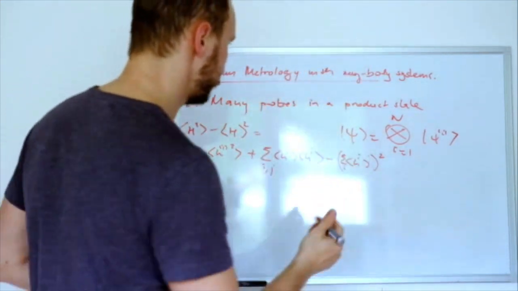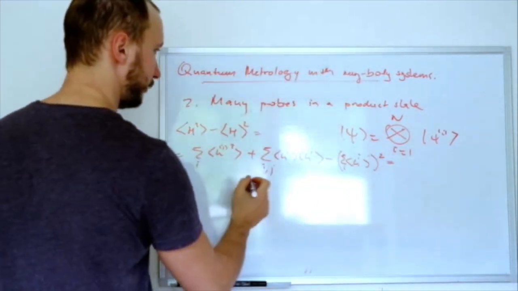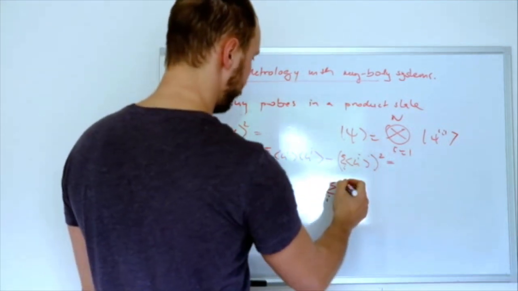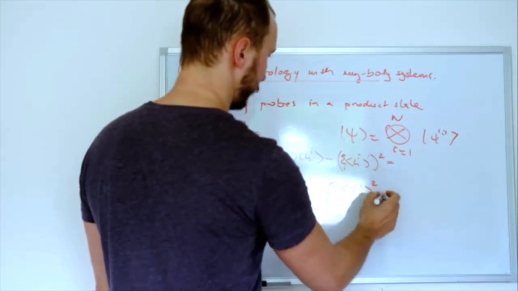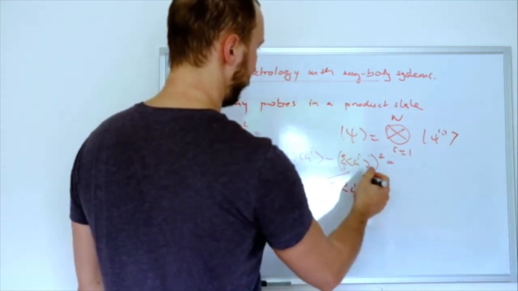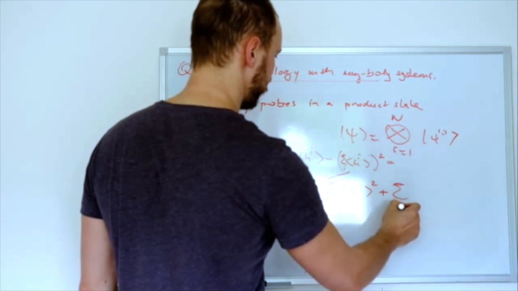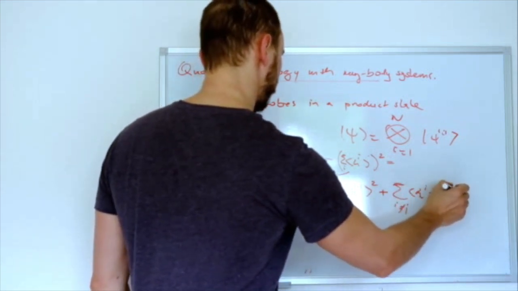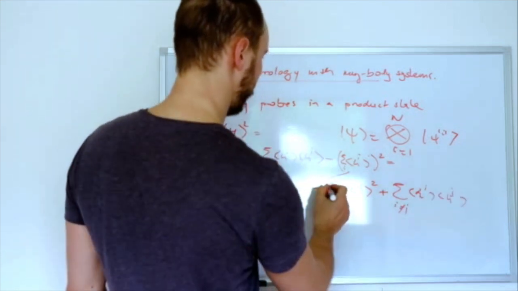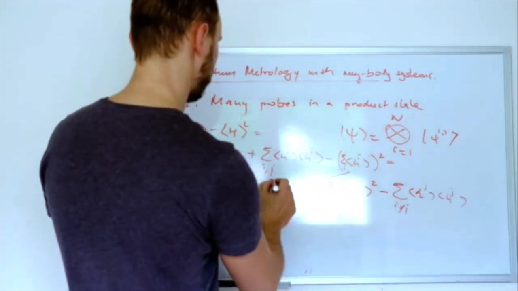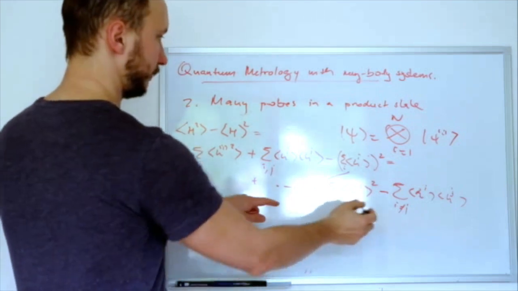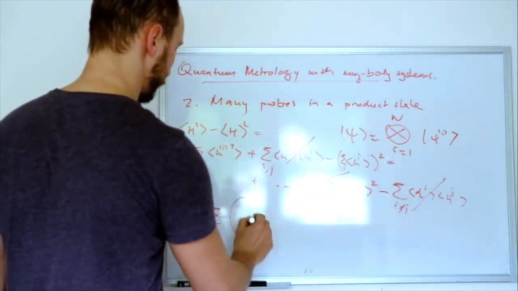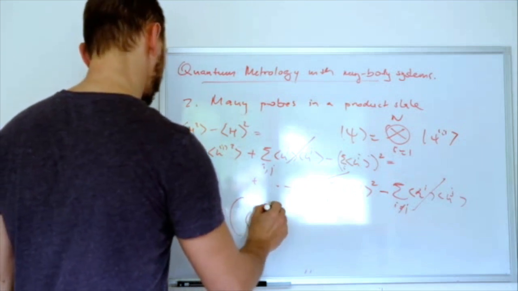If I open the bracket, we get the sum of H_i squared plus the cross terms, the sum over i not equal to j of H_i H_j. Minus this, plus this thing here, you see that these two terms cancel each other, and then we just get the sum over i of the expectation of H_i squared minus the expectation of H_i, squared.